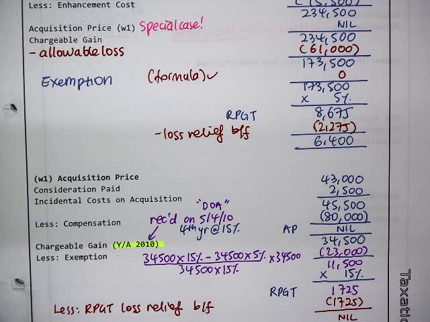5% is 8675. And not forgetting, you still have a loss relief that you have not finished utilizing just now. So the loss relief brought forward is 2275.